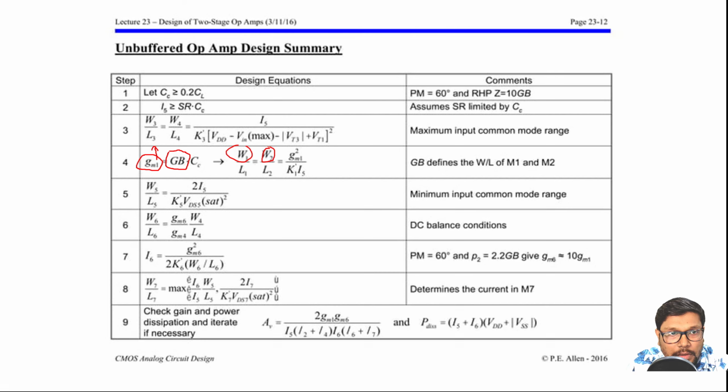So if W1 or W2 increases, the frequency increases. For gain you need to increase the length L. So let's go to the design specification and design something.